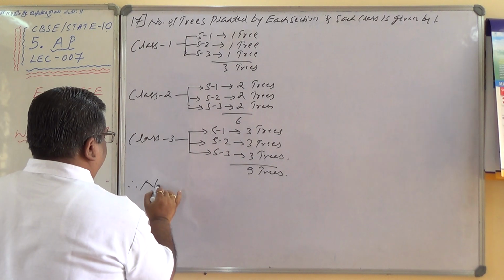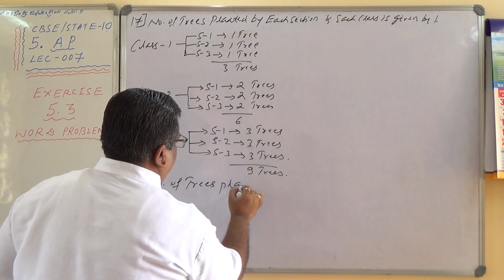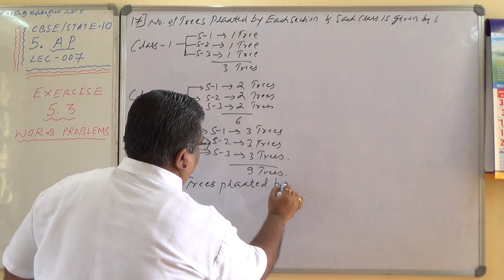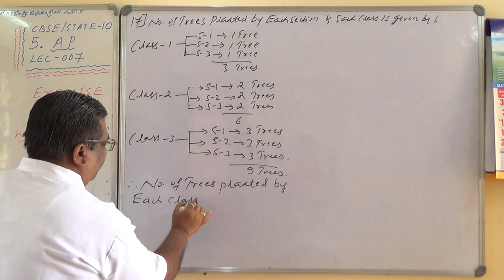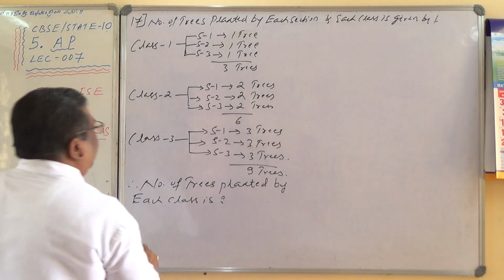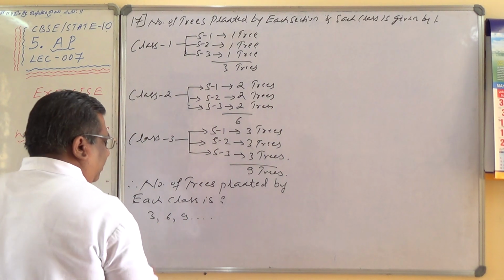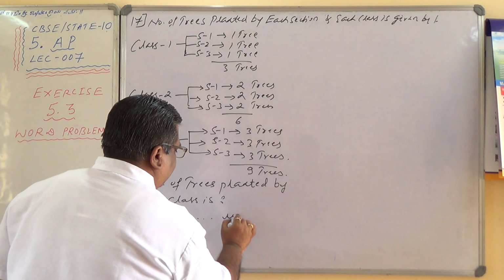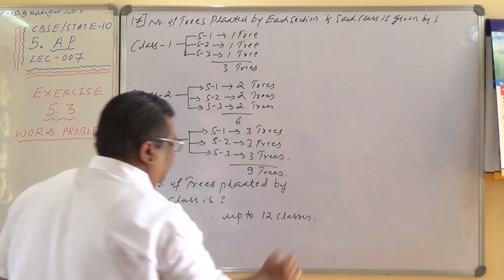Therefore, the number of trees planted by each class is given by 3, 6, 9, and so on. It will continue up to how many classes?